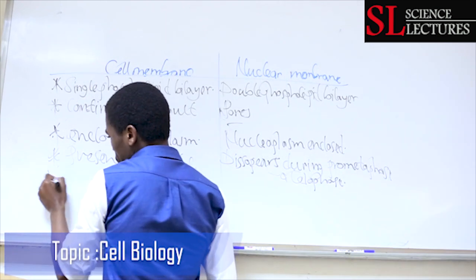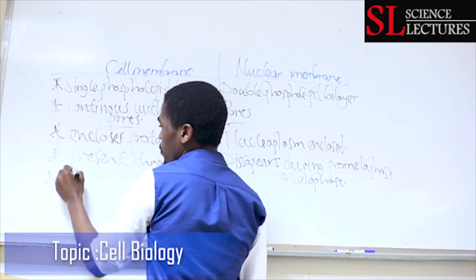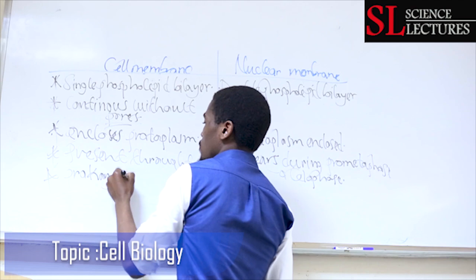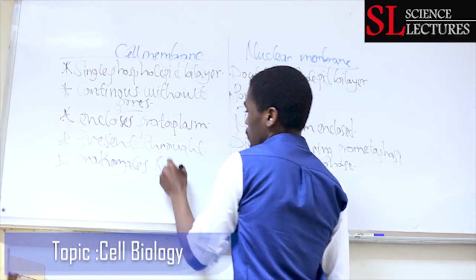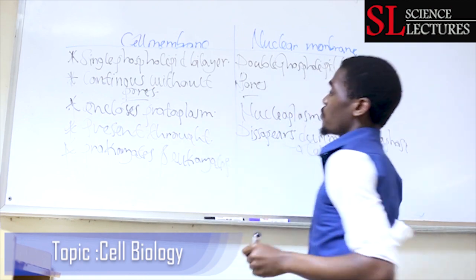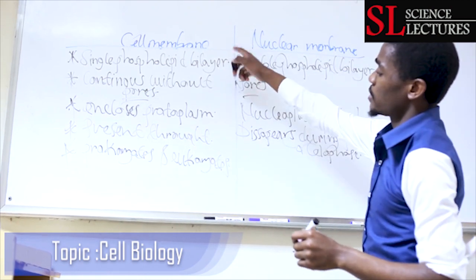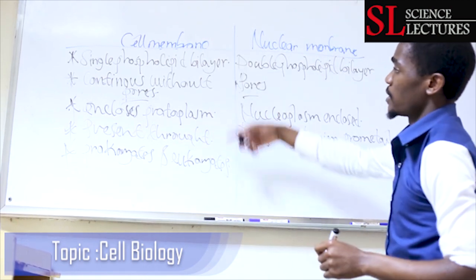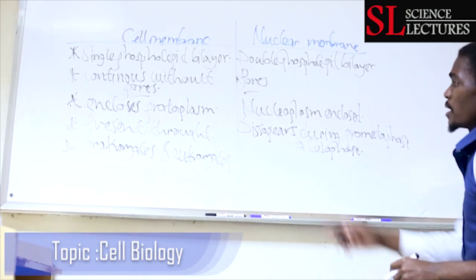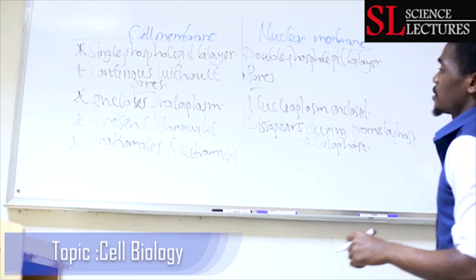Then the cell membrane is also found in both prokaryotes and eukaryotes. A plant cell will have the cell membrane, a bacterial cell will have the cell membrane, and an animal cell will have the cell membrane.